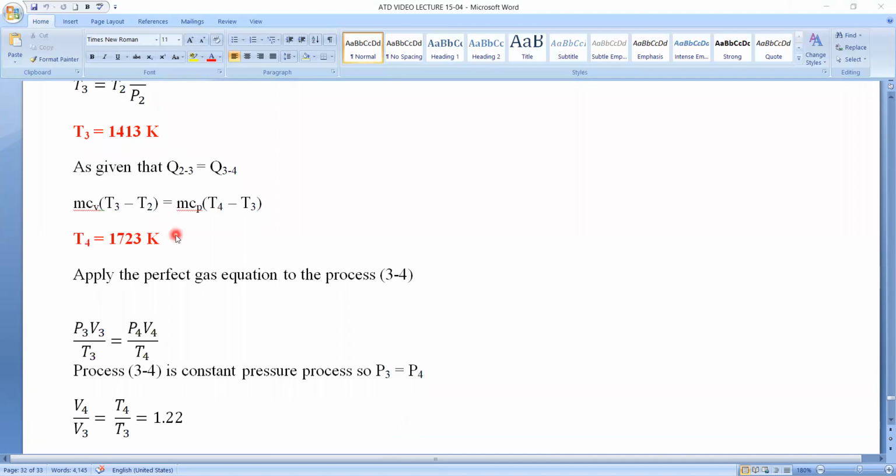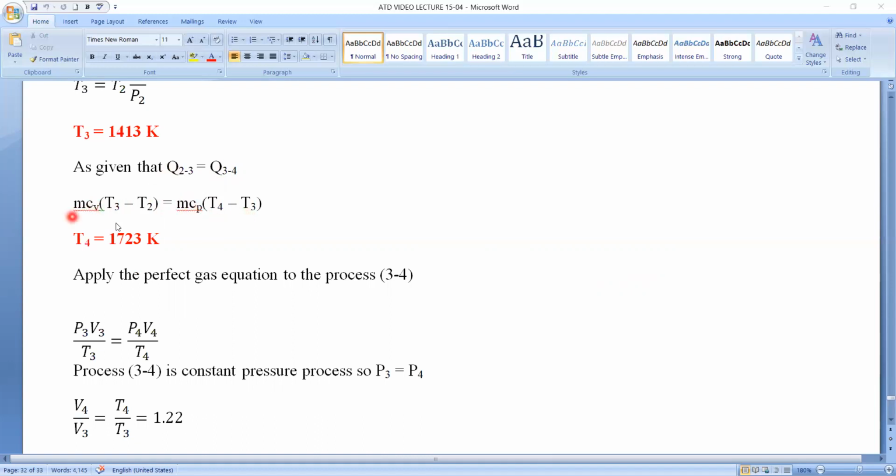Similarly, how to get the value of T4? In order to get the value of T4, we have to use the given condition. The given condition is that heat added at constant volume is exactly equal to heat added at constant pressure. Heat added at constant volume is given by mCV into T3 minus T2, and heat added at constant pressure is given by mCP into T4 minus T3.